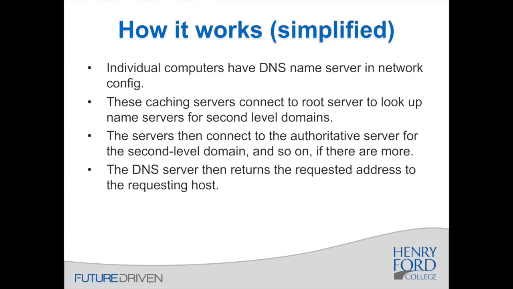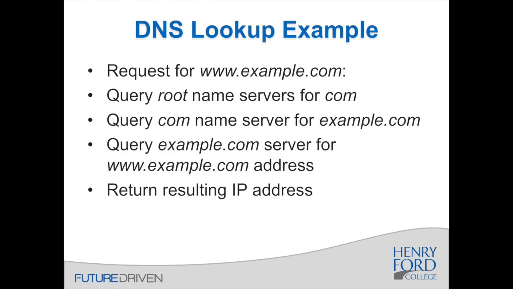Now, these DNS servers generally cache, so they don't have to look up everything every time. So how does this work? Well, rather than read you this whole slide, let's just take a look at an example. Say you want to go to www.example.com. Your DNS server is first going to query the root name server for .com.